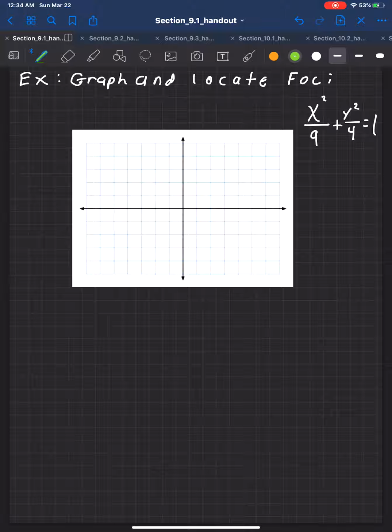All right, let's see if you are listening to me. So notice I have a denominator of 9 under the x squared, and I have a denominator of 4 under the y squared. So the first question that you should ask yourself is, are we dealing with a horizontal or a vertical ellipse?